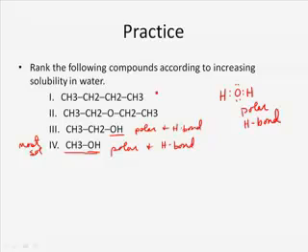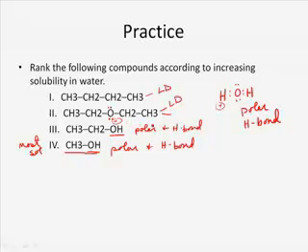Now, let's look at the two remaining ones. This one, we're definitely going to have just London dispersion here. Here we're going to have London dispersion, but we have this oxygen in the middle of this ether here. And so we've got kind of a place here where we can get some interaction between these positive hydrogens on the water, and these negative lone pairs on the oxygen there.